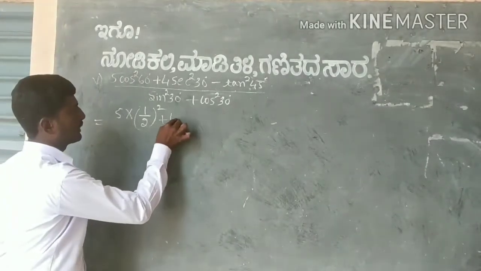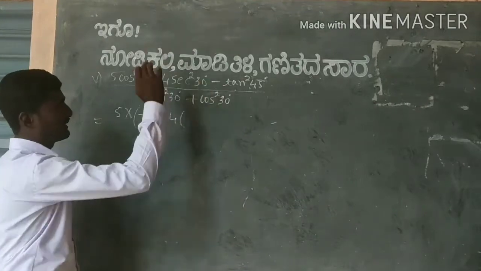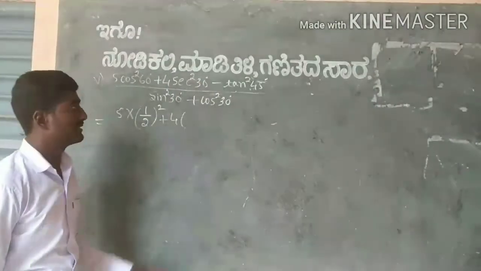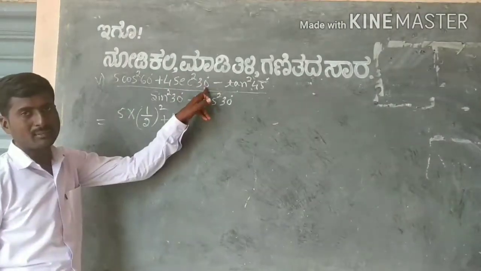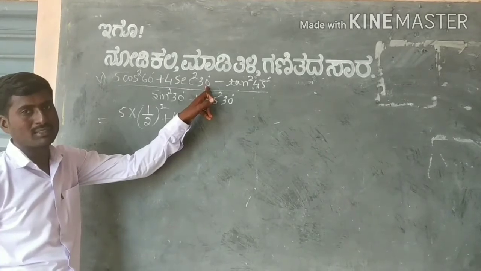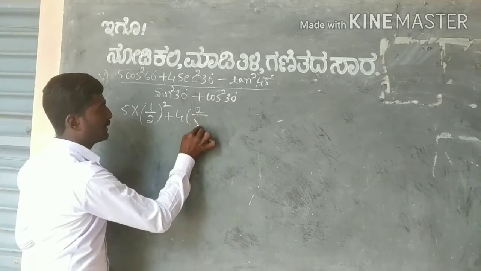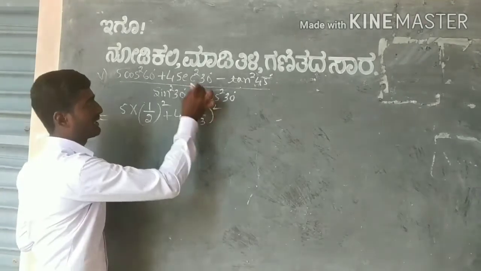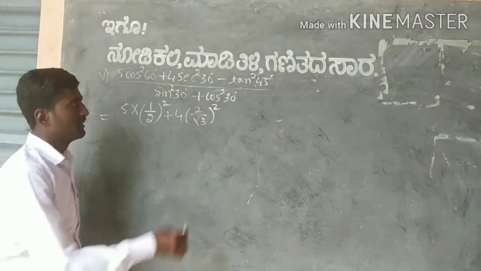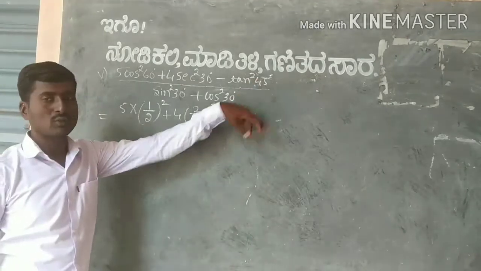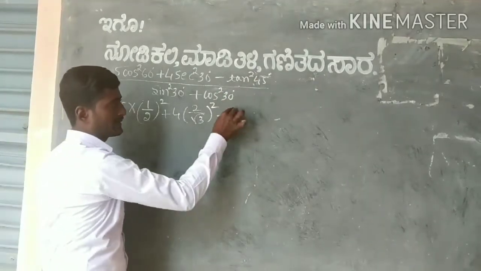Plus 4 into sec 30 whole square, sec square this. So sec 30 means 1 by cos 30. Cos 30 value is root 3 by 2. So sec 30 means 2 divided by root 3 square it is, because sec square is there. Minus tan square 45. So tan 45 is 1.